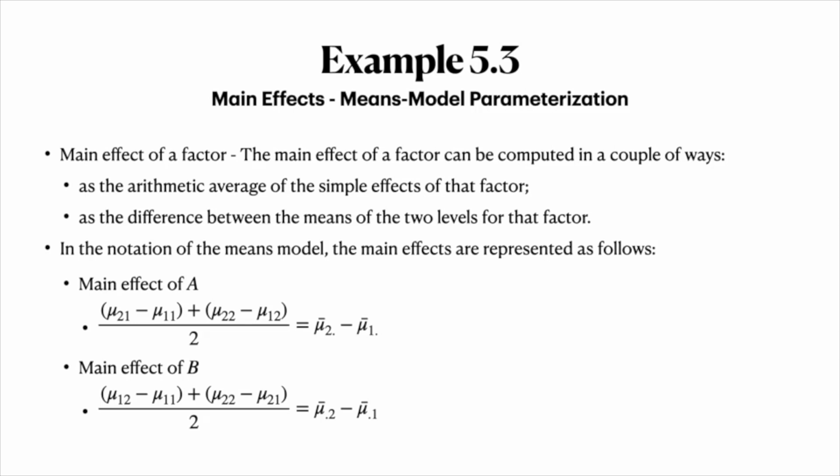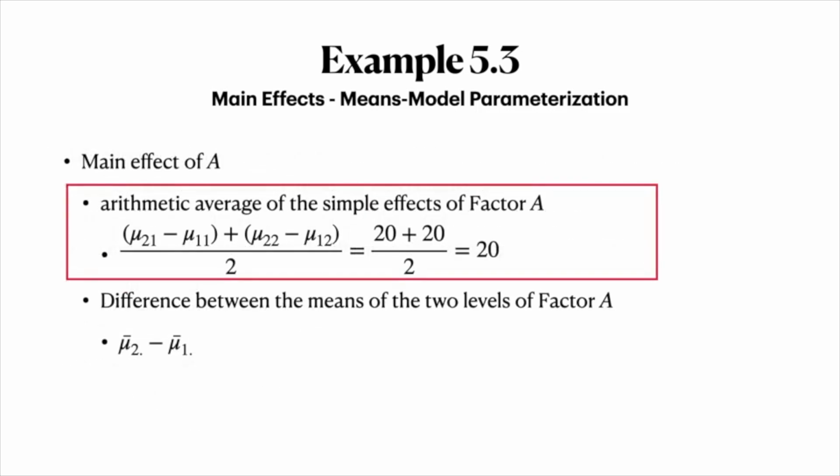And so let's calculate the main effect of factor A. We'll use the first expression, the arithmetic average of the simple effects of factor A. The simple effect of factor A at the first level of B is mu21 minus mu11. The simple effect of factor A at the second level of B is mu22 minus mu12. Those simple effects were found to be 20 and 20 respectively, and so the average value is 20, obviously.